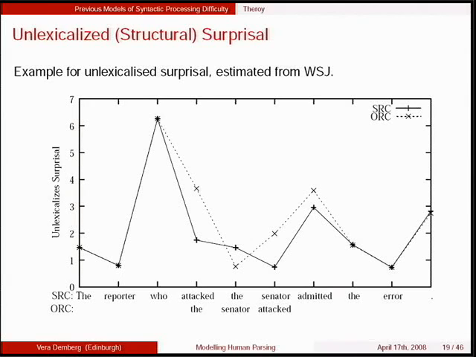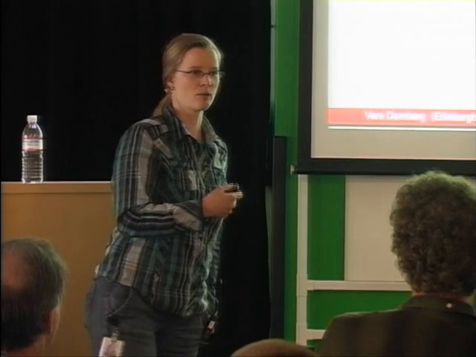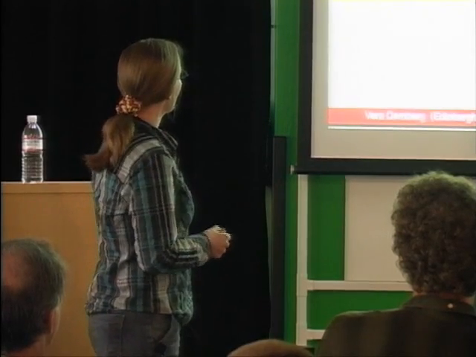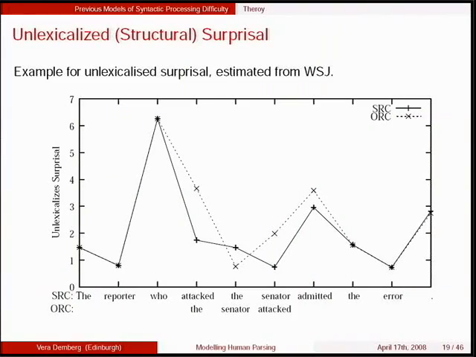Once we've heard a determiner, we're not surprised that a noun follows. But we're fairly surprised that there's a relative pronoun coming after the noun, because that doesn't happen all of the time. Then once we have seen the relative pronoun, we're not surprised to see a verb, but relatively more surprised to see a determiner, and so on. I mean, you get the idea.